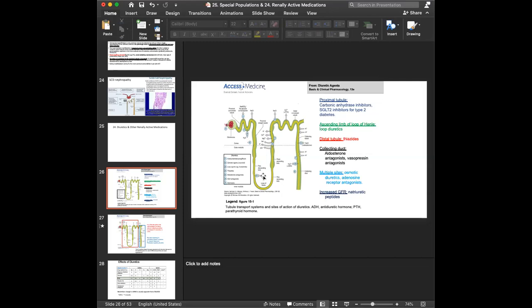Our ascending loop, we've got our loop diuretics. Our distal tubule, we've got our thiazides. And then our collecting duct, we've got aldosterone antagonists and vasopressin antagonists.